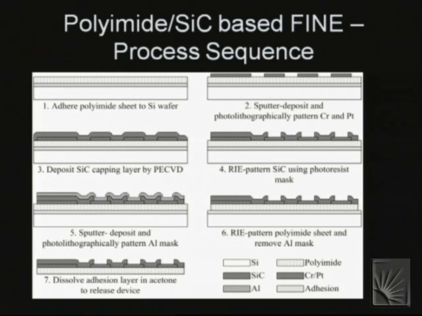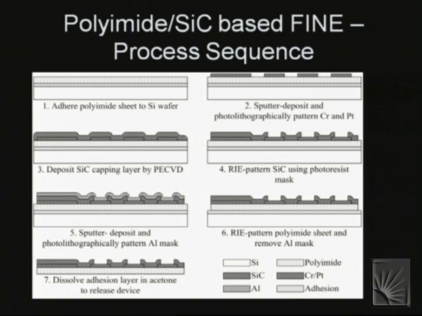So we stick the polyimide sheet to the wafer, we put on our metal electrodes, and then we put on a silicon carbide capping layer, and then we are actually able to show that we could use, in the amorphous case, photoresist as an etch mask for plasma etching. And that's in contrast to the crystalline forms, which usually require a metal etch mask because they're much more chemically durable and mechanically tough. So photoresist is usually out.